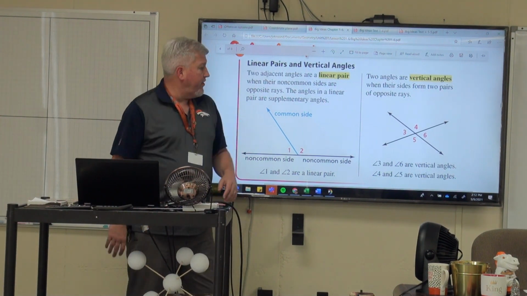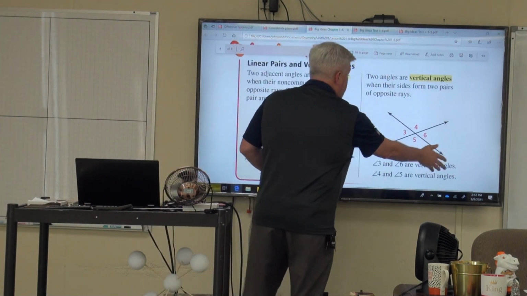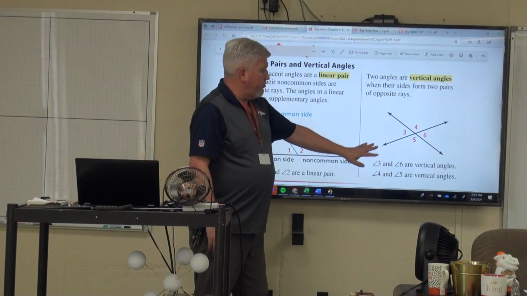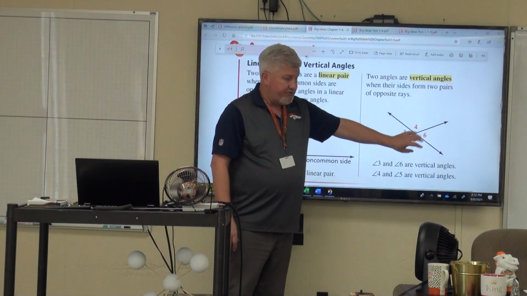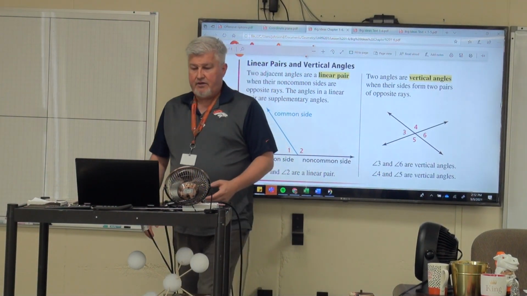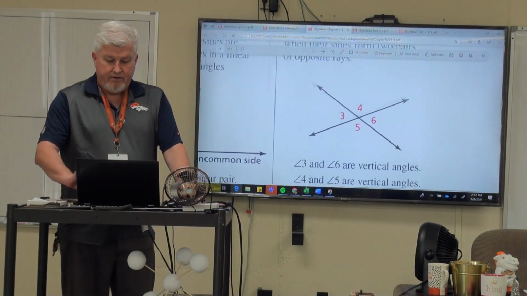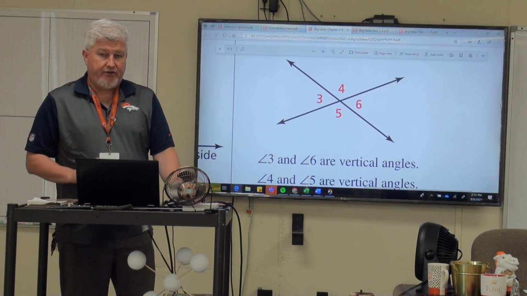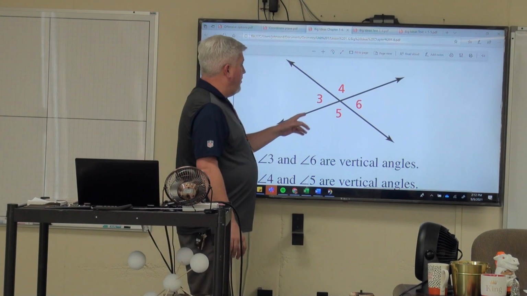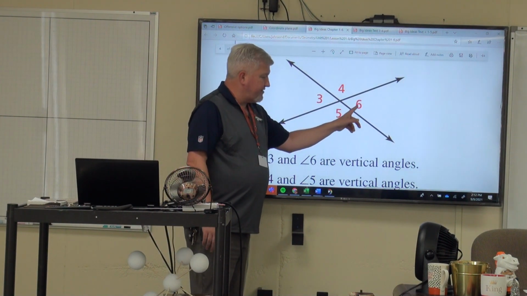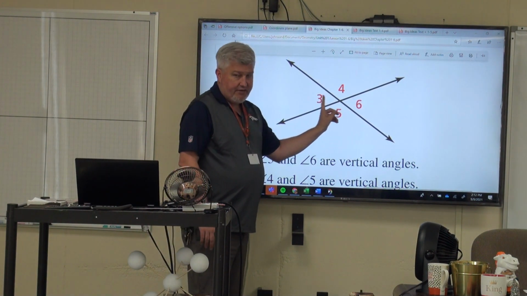Vertical angles. Over here with vertical angles, when two lines crisscross each other, as you can see, they form 4 different angles: 3, 4, 5, and 6. Okay? Angles opposite of each other are called vertical angles. So 3 is opposite 6, so those two angles are equal.